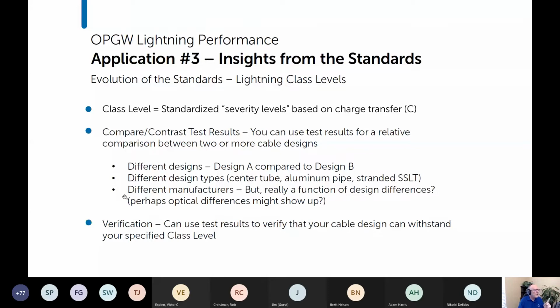However, it is possible that optical differences might show up in such testing, because the lightning test, and the pass-fail criteria, are not necessarily saying anything about the optical unit design. So one manufacturer might be a little bit more conservative, shall we say, in their design for excess fiber length.